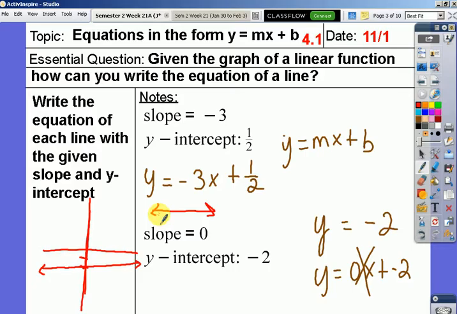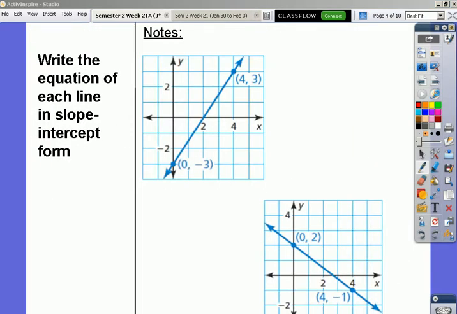Okay, well, I'll pause this. Here we go. Alright, so this says, write the equation of each line in slope-intercept form. We just have to find the slope. So it's just a matter of counting. Remember rise over run whenever we are looking at a line that's given to us with 2 points.